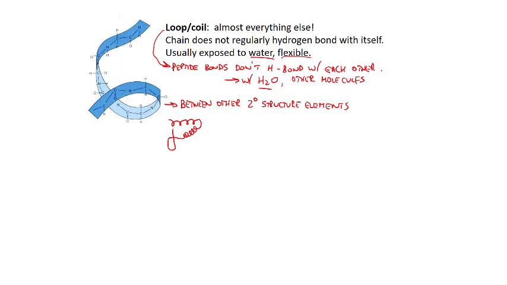And then we have a loop, a beta sheet, another loop, another helix, something like that. So these would be our loops. In the middle would be a beta sheet, and over here would be the helices.